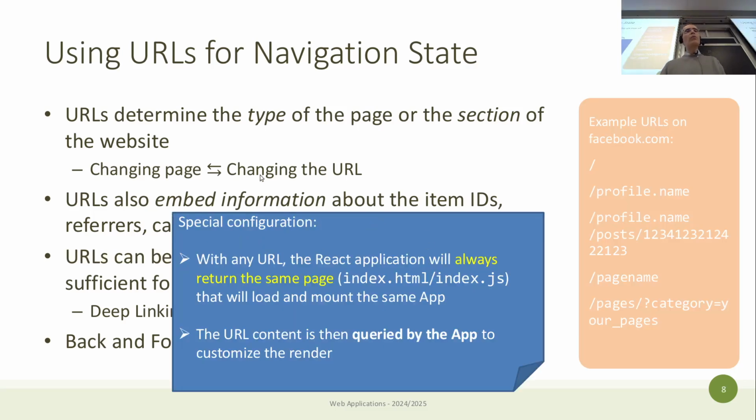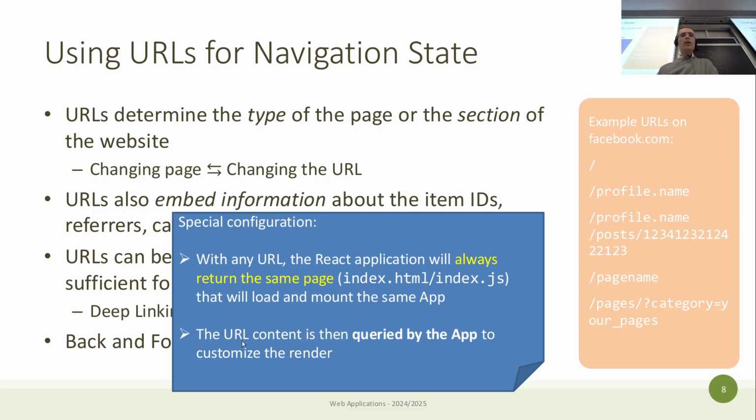So, to make everything work in the special configuration for single page applications, it is necessary that with any URL that you enter in the browser, the React application will always return the same page, the initial page that loads the JavaScript code, and then the code will check the content of the URL and decide what to show.